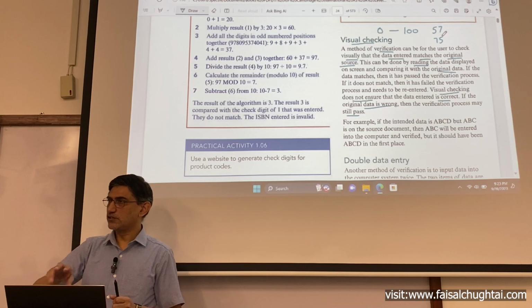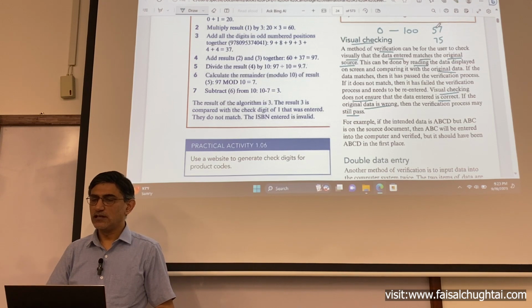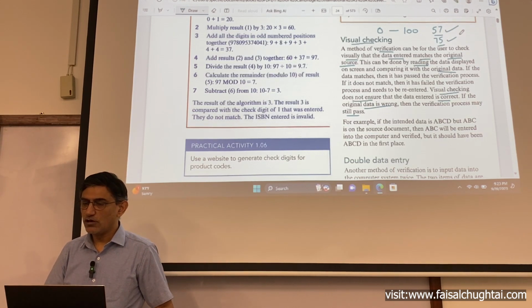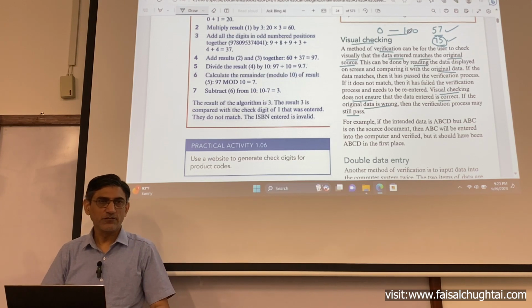It is just a key press that you do differently. Now, the actual mark was 57, but you typed it out as 75. This will be accepted as well as this will be accepted. Because although there is an error, this is still within the limits of acceptability of the validation rule, which is 0 to 100.